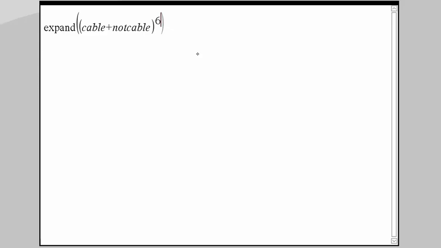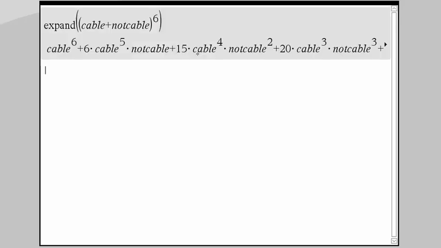And if I expand this right now, then what I see is that just through a random selection, there could be 1 household that had one experiment where all 6 houses had cable, 6 households where 5 had cable, 1 had not cable, 15 households where 4 had cable and 2 had not cable, and so on. And the polynomial is pretty long.